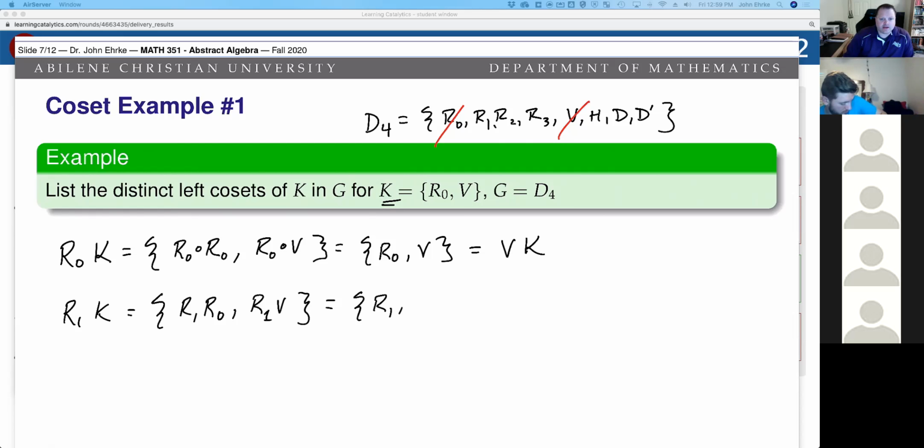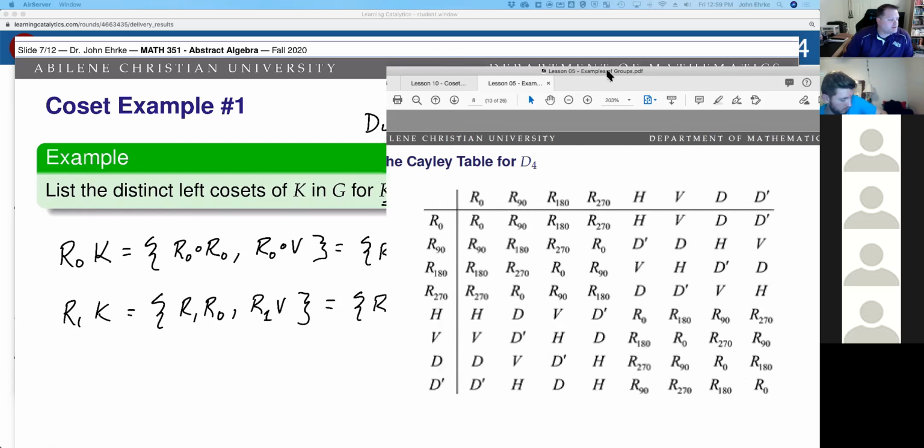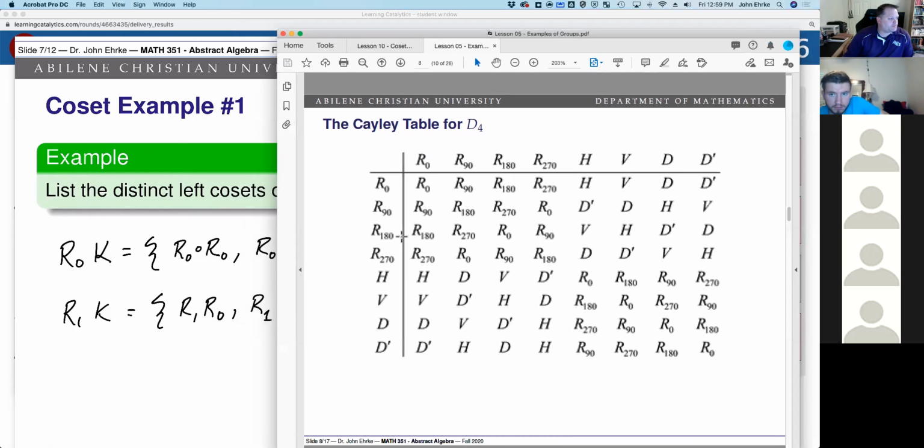Yeah, it's kind of grainy, but it'll have to work. So if you look, here's the Cayley table. And we're doing R1V. So remember, that's V goes first. So V and then R90 is R1. So V and R90 gives D, right? So V goes first.